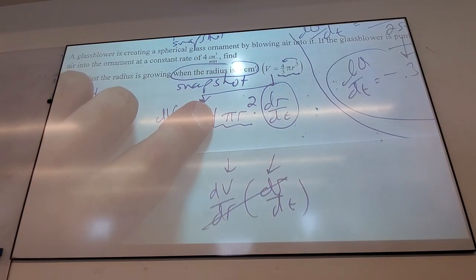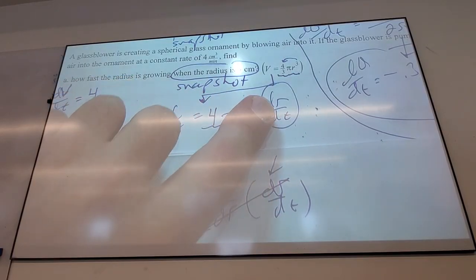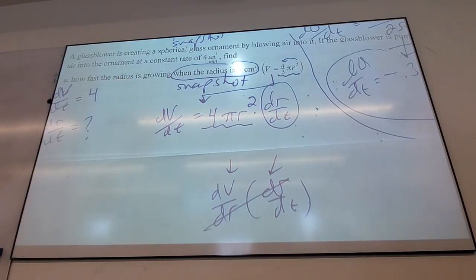But if I have dV/dr times dr/dt, that becomes dV/dt. That equation is true. Do you actually have to use what I just said ever in your entire life? No. Unless you take Calc 3. And you'll be using what I just said a lot because you'll have a lot more variables and things get weird. We're not multivariable yet, so we're okay.